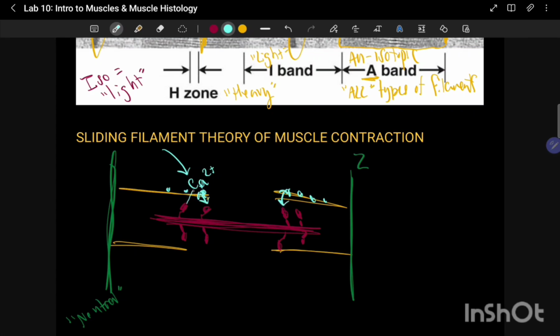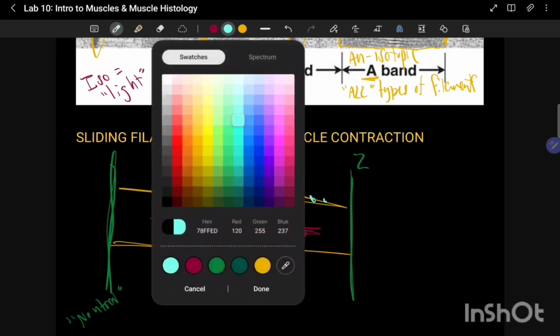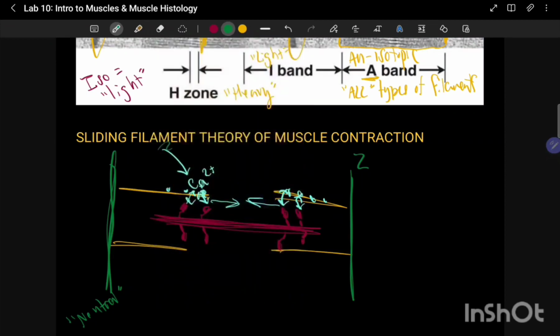Once this bond is created between the heads of the myosin and those sites on the actin, this rowing motion can occur. So basically, the myosin is going to take that actin towards the center, towards that M line, the center of the sarcomere. And the net effect is that this entire sarcomere is going to shorten towards that M line. And this is a muscle contraction.